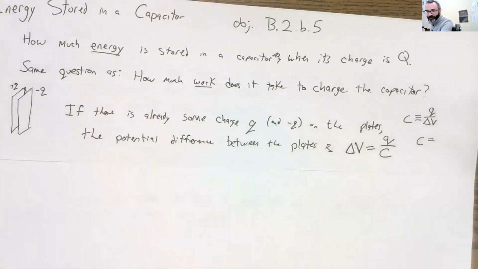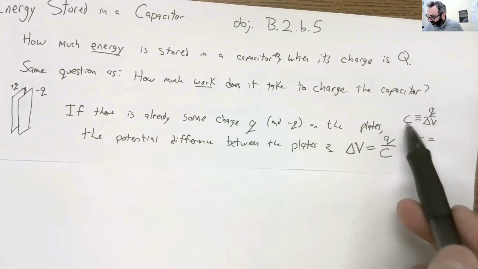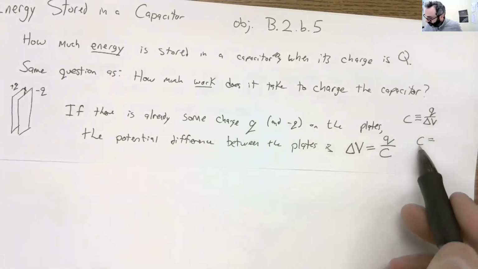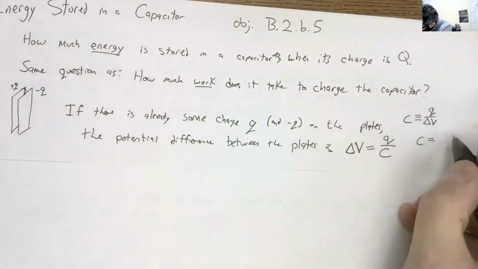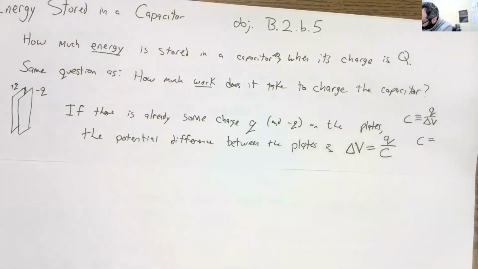What was our result from the last lecture for capacitance? Does anybody remember? This is true for any capacitor, that's the definition. But for a parallel plate capacitor, what did we end up with? Charge density over electric field times A. Yeah, you're pretty close.